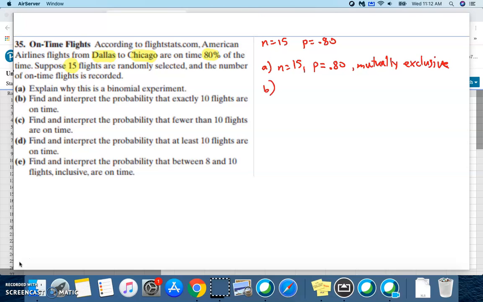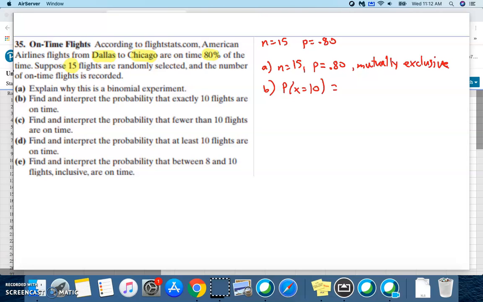So part B says find and interpret the probability that exactly 10 flights are on time. So this is going to be the probability that x equals 10.